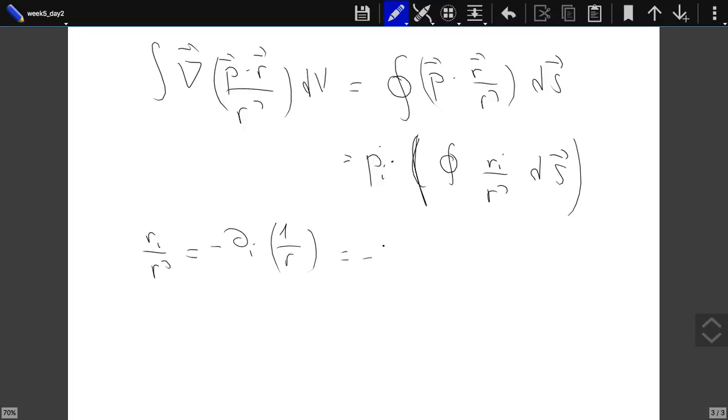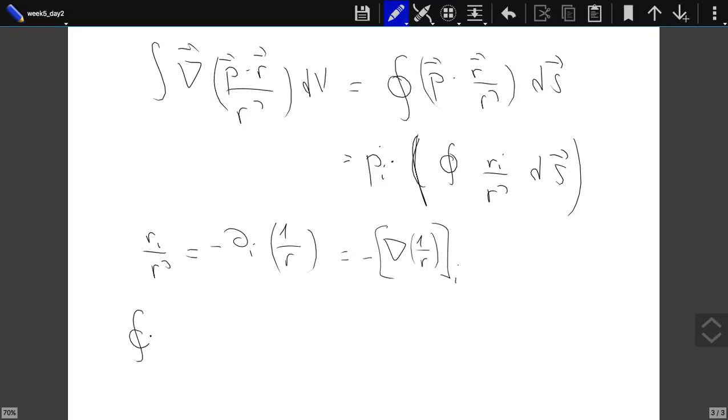So this is minus the gradient of 1 over R, the I component. Well, it would have been nice if we could take one more derivative of this thing. Basically, in that case, it would be a Dirac delta.